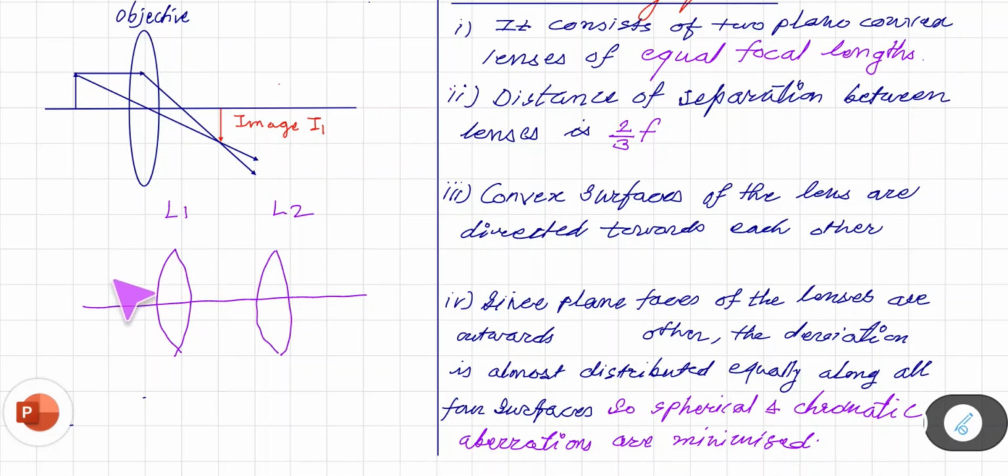If this is an object, then when rays refract from the object, let us consider the second lens is absent: one ray will refract like this, another will pass through the optical center, and where these rays intersect, the image forms here.